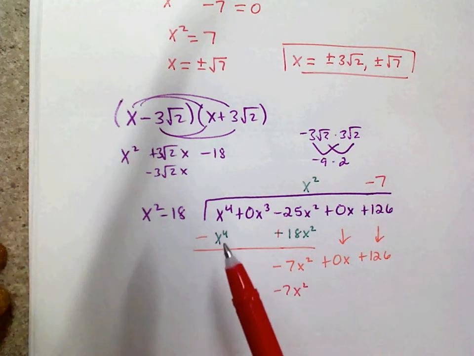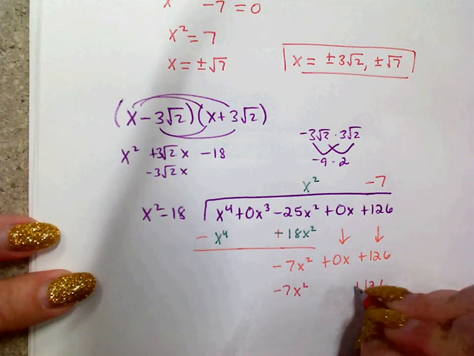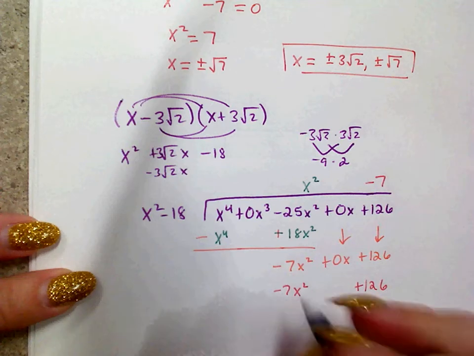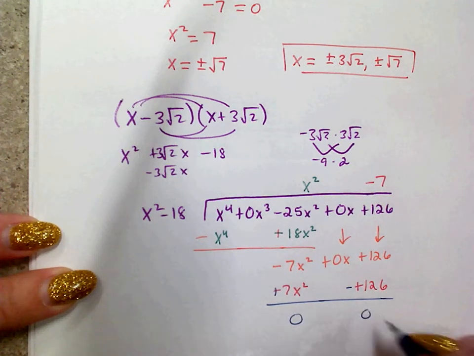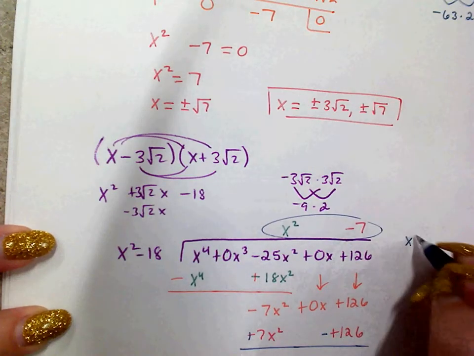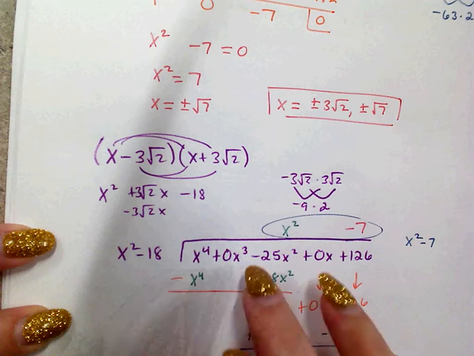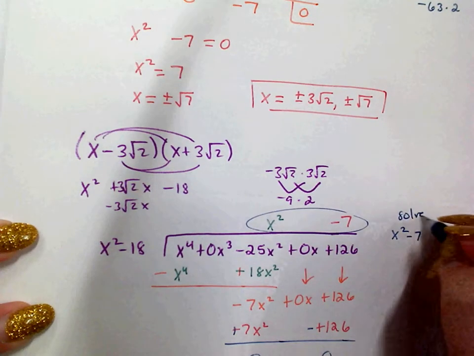And then we change signs because we're subtracting. And this becomes 0 and 0, which means remainder 0. This would then be the quadratic I'm left with when I divide this by this. And so that's what I would solve. So I'll have that equals 0. And we did that, and you got plus and minus root 2.